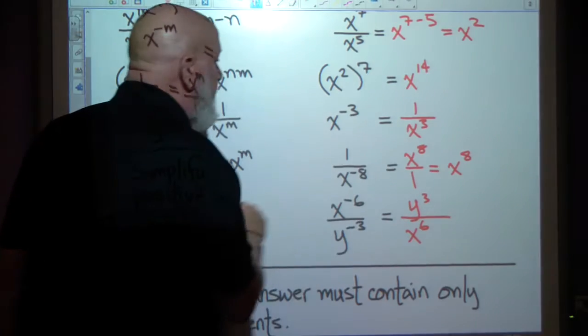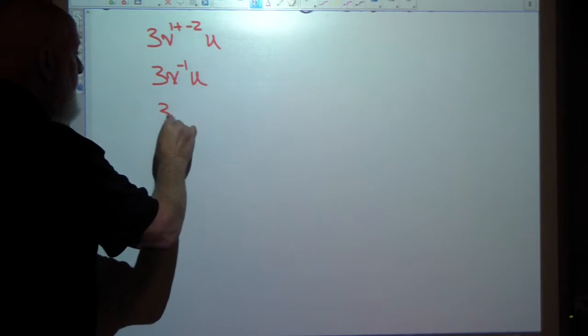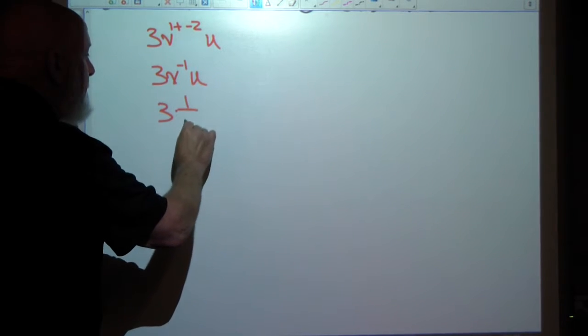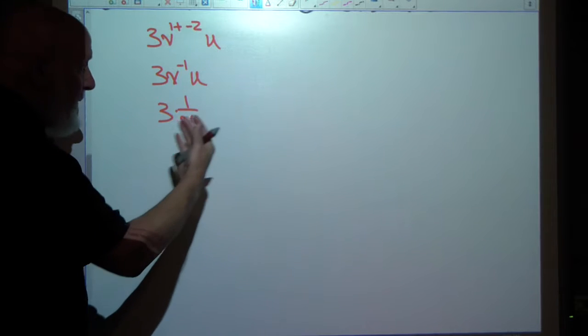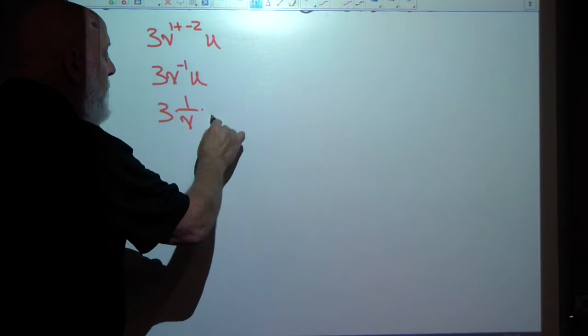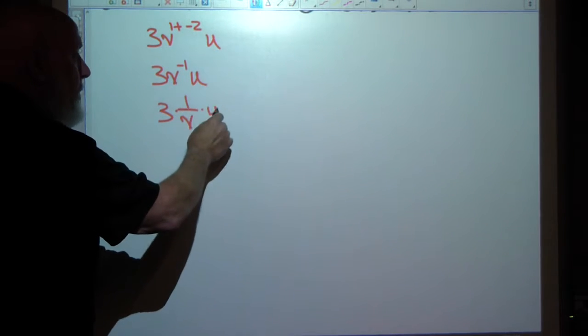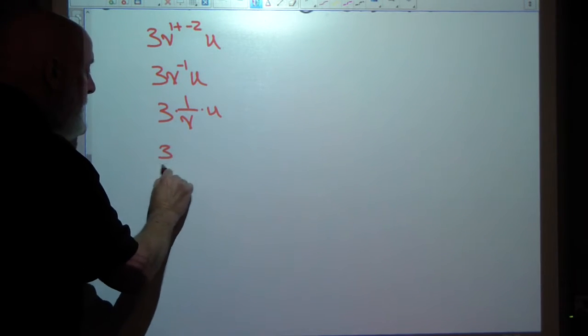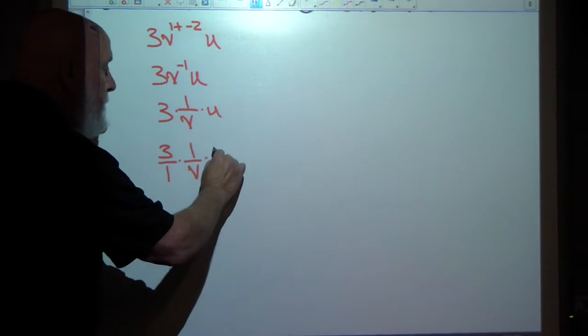Here's an example. So that's what I'm going to do right here. I'm going to call this 3 times 1 over v to the 1 power, and you don't have to show the 1. If it's the first power, it's implied, times u. And we can think of this as 3 times 1 times u in the top of the fraction. You can think of 3 as being 3 over 1 times 1 over v, that's this, times u over 1.